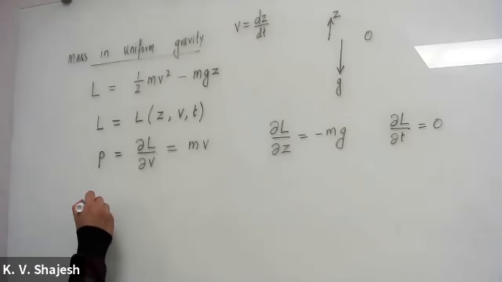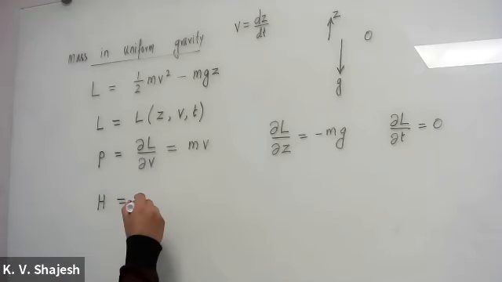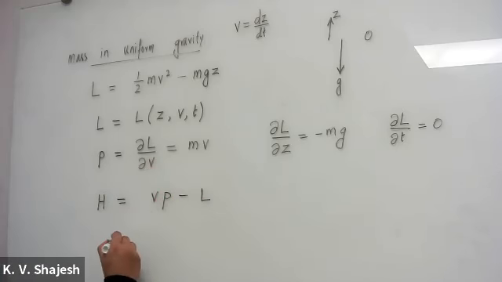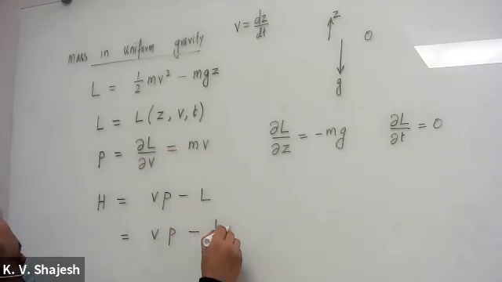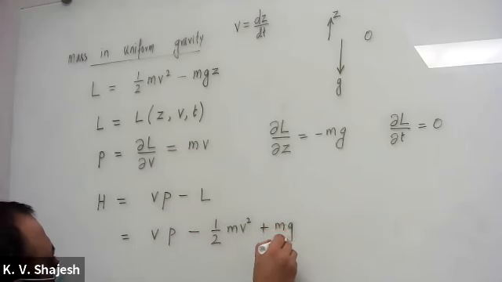What about the Hamiltonian? The Hamiltonian is now p times v, or v times p, minus L. So that's equal to v times p, where p is mv. Let me write that as p v minus L, which is half mv squared plus mgz.